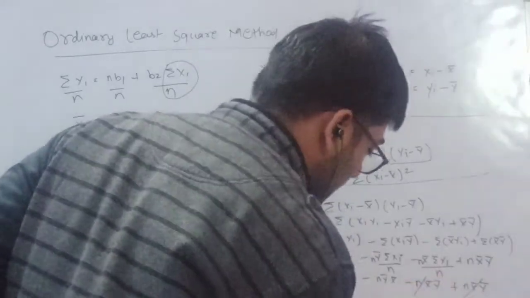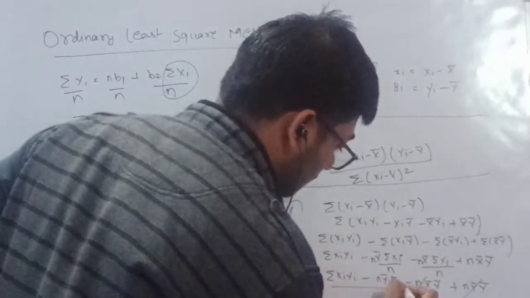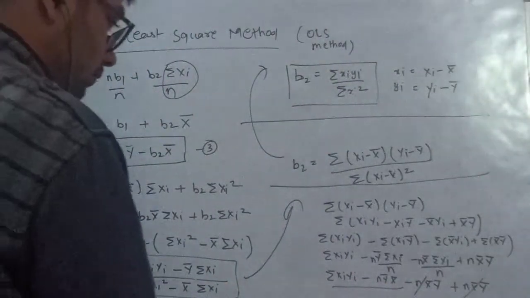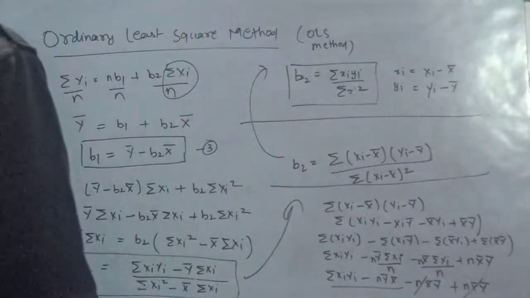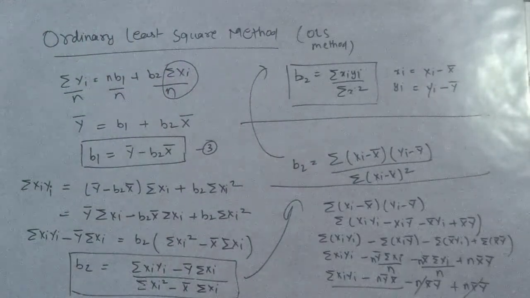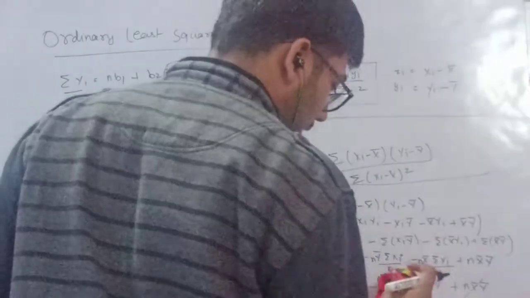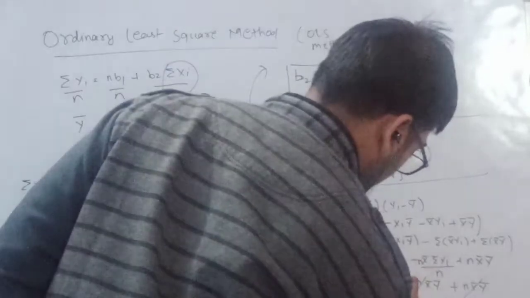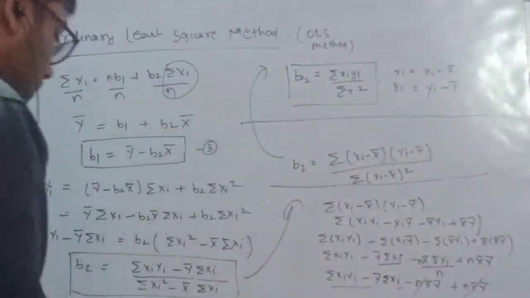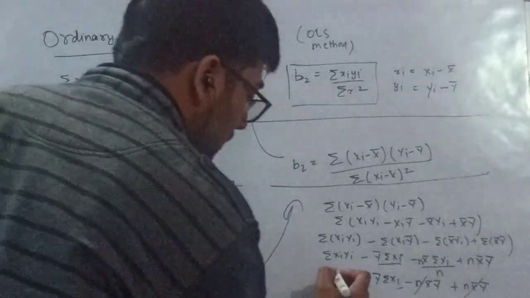So one will cancel. Wait a second, is there any mistake? Sorry, it will be y bar x. So this is the same.